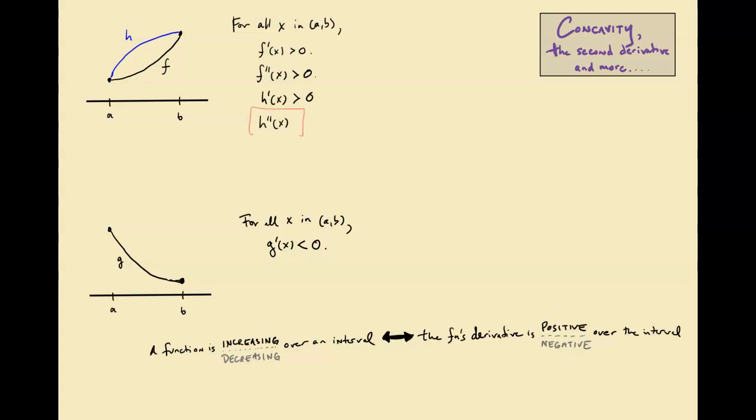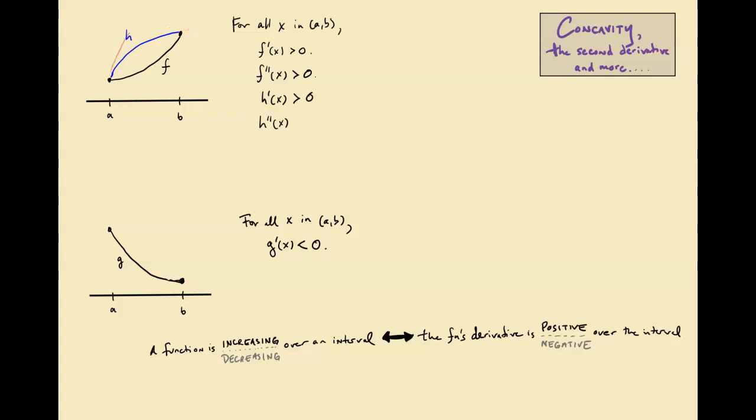The second derivative of h represents the rate at which the first derivative is changing. We know that that first derivative is always positive, but how is it changing as we move from a to b? Well, it starts out fairly steep, and as we move, that steepness, while remaining positive the whole way, gets less and less steep. Even though the value of the function is increasing, the value of its derivative is decreasing.